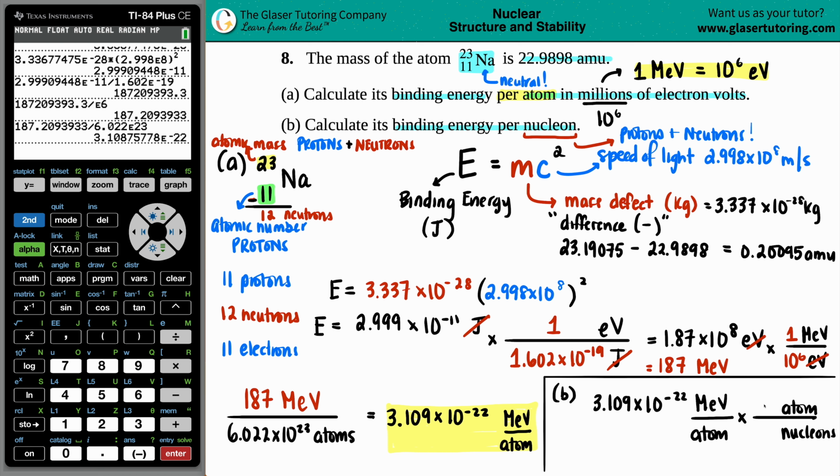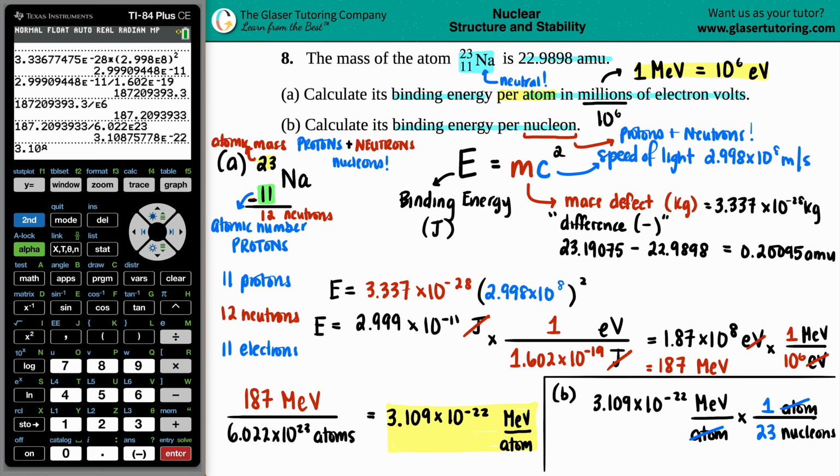So, for every one whole atom of sodium, how many nucleons do you have? Yeah, 11 plus 12, right? It's the 23. That's the nucleons. So for every one atom, I'm just going to say that I have 23 nucleons. Atoms cancel out. And now you're just going to take this answer and divide it by 23.